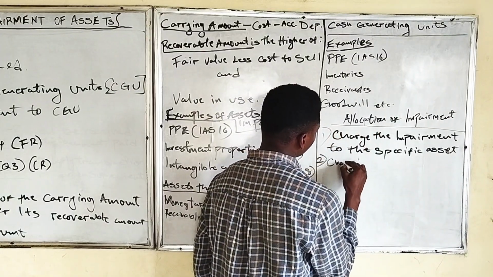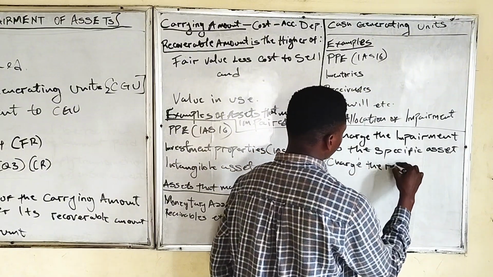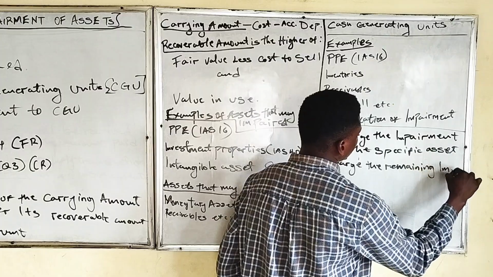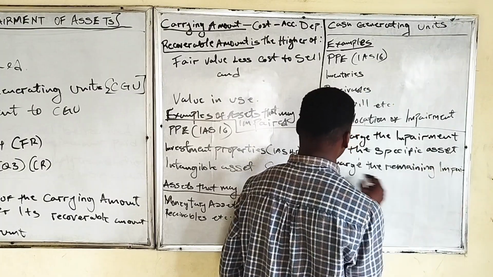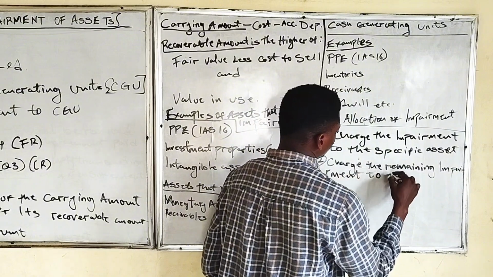Secondly, you charge the remaining impairment to goodwill.